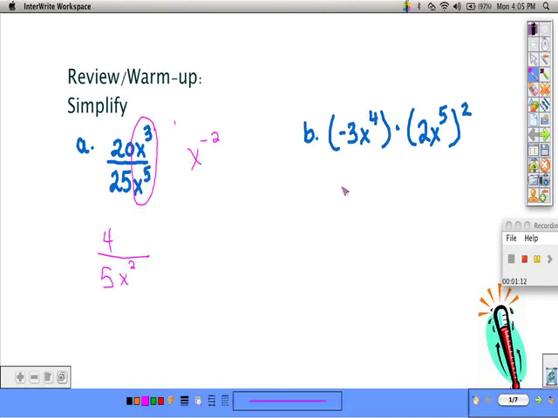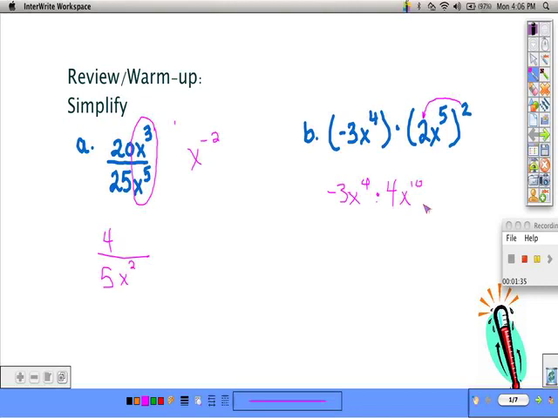The second problem, there's one common mistake that happens. We've got negative 3x to the 4th times, a lot of people forget that this squared has to go to that 2 also. So it's times 4 x to the 10th.